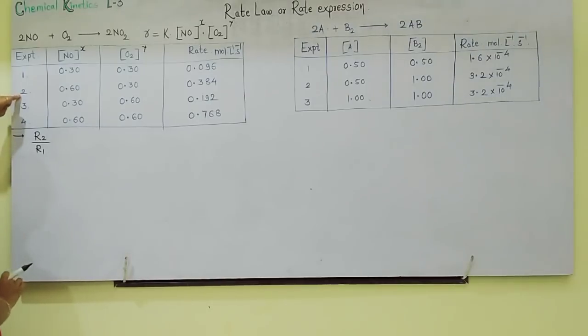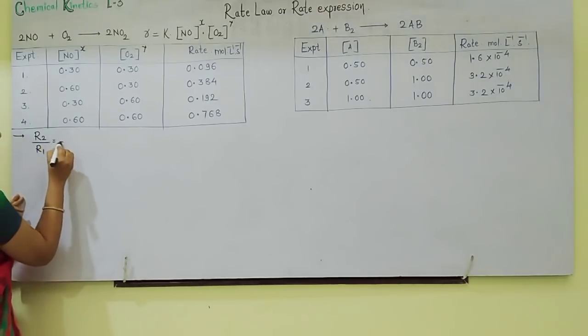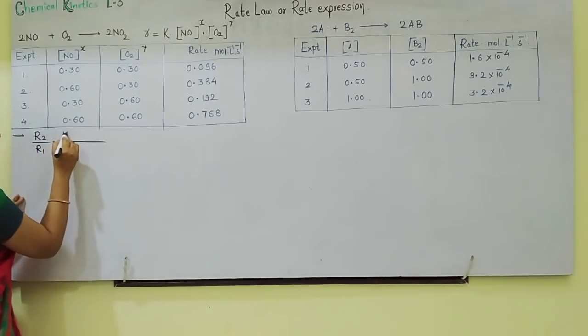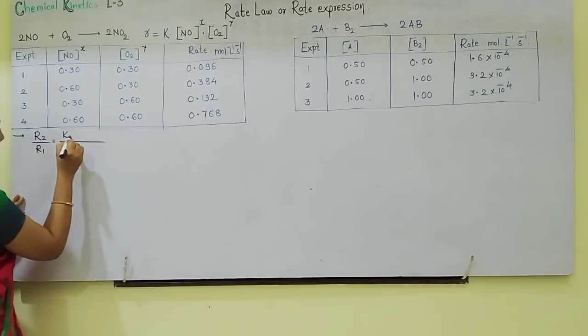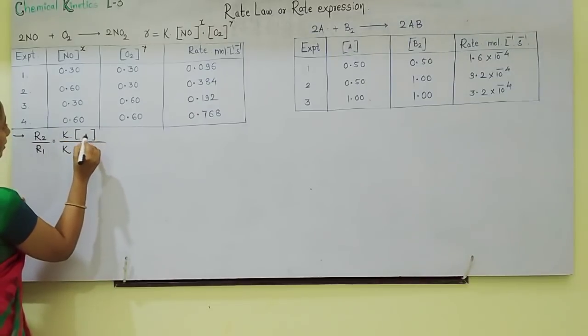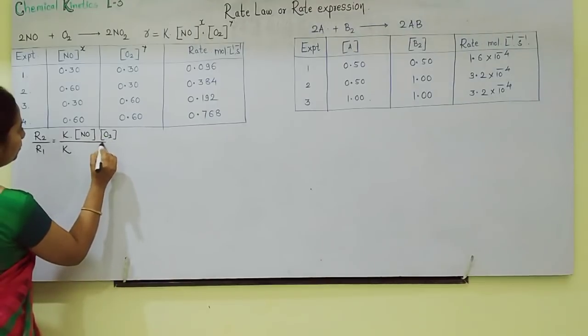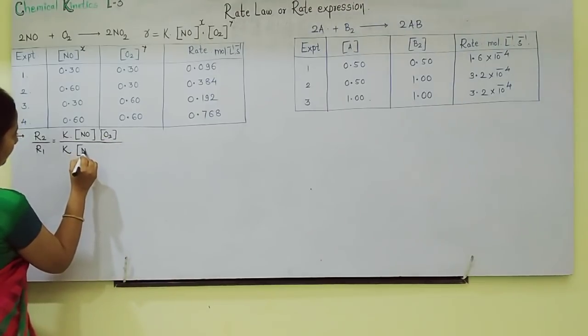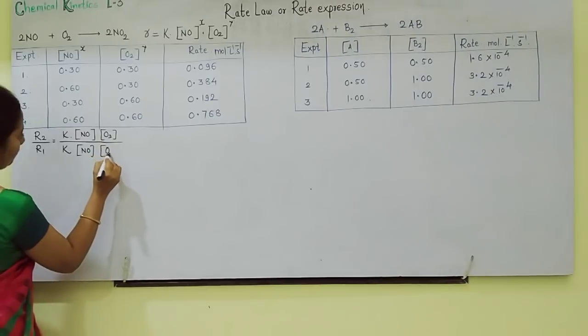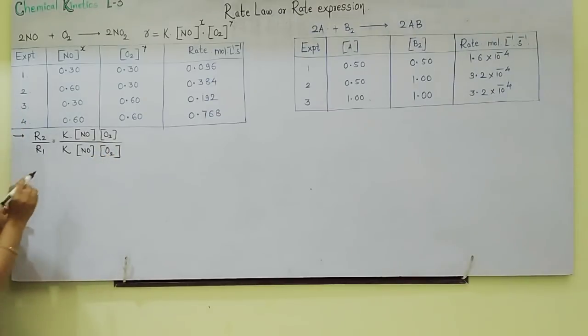R2 is the rate of the second reaction, R1 is the rate of the first reaction. Students go on writing here. Whichever rate, it is equal to K times the molar concentration of NO, times the molar concentration of O2. Like this you have to write. Substitute the values.